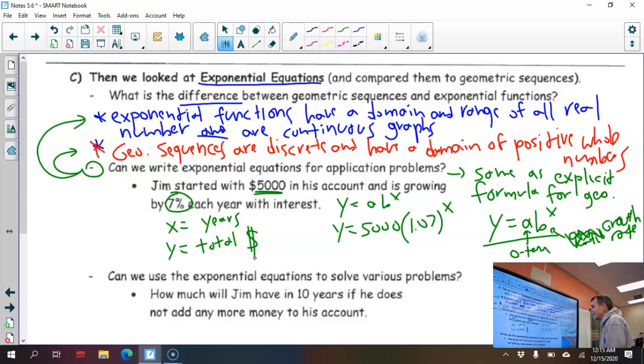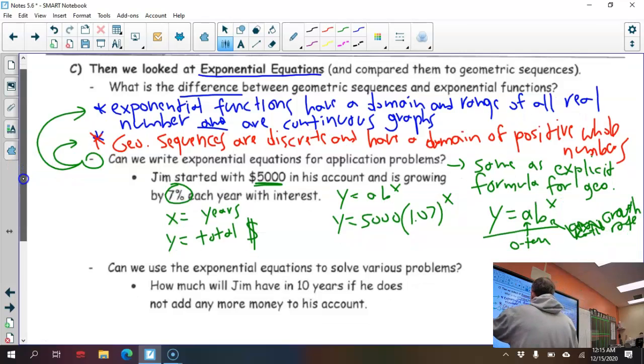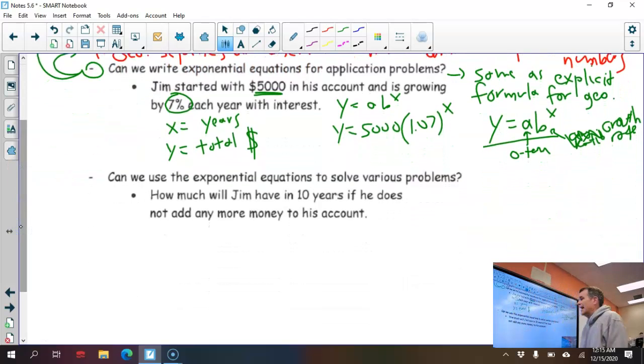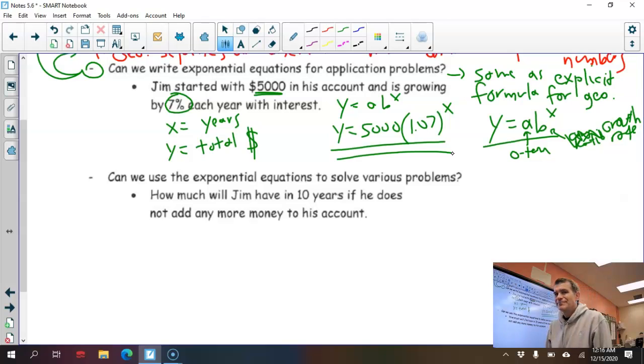All right, so I have written the equation. And on your homework, I can't remember if it's this homework or the next one, I would say this is the general equation for the situation. And now we're going to write it specifically for this situation. How much will Jim have in 10 years? So 10 years, that's the x value.